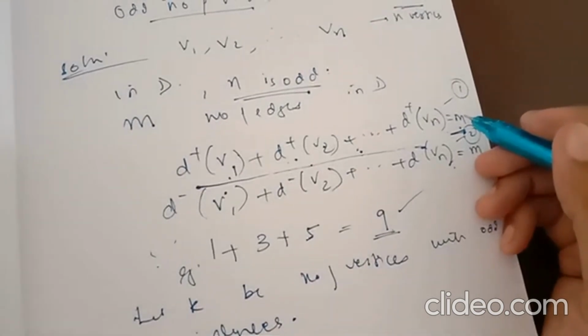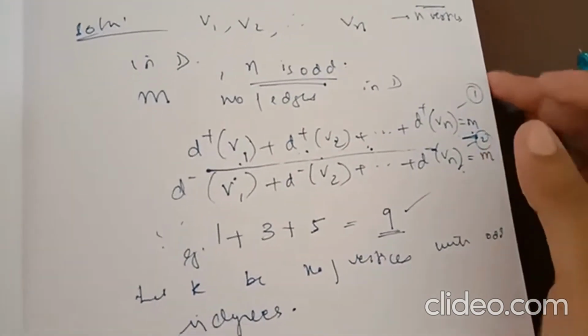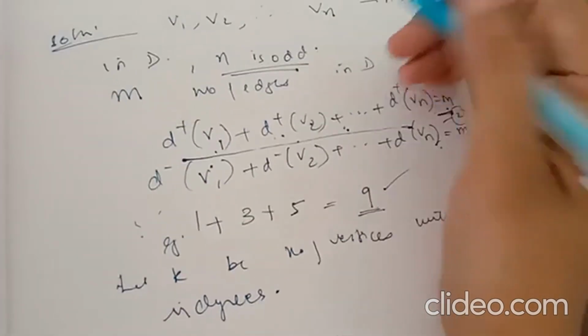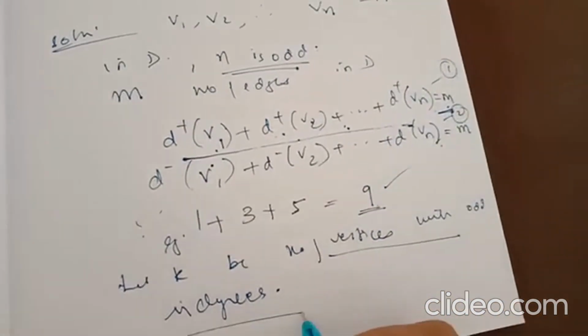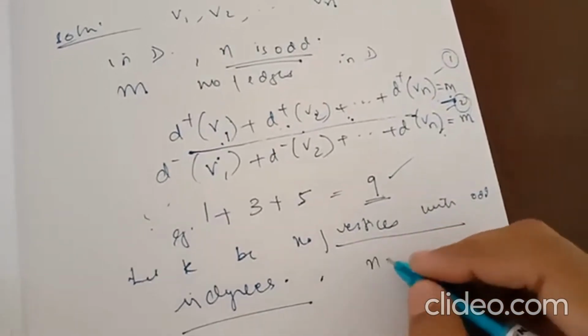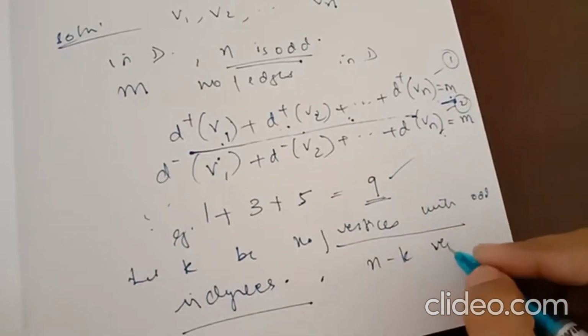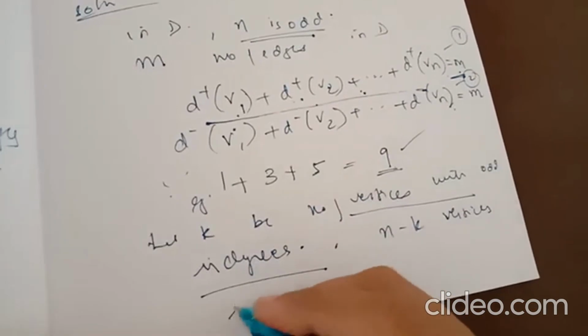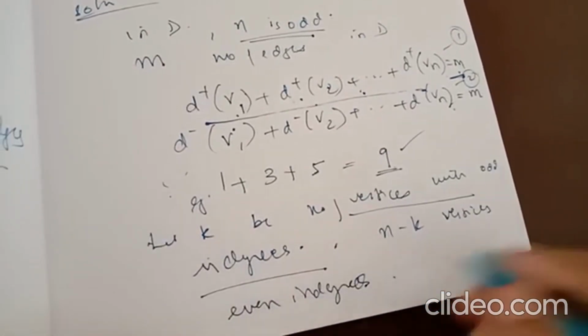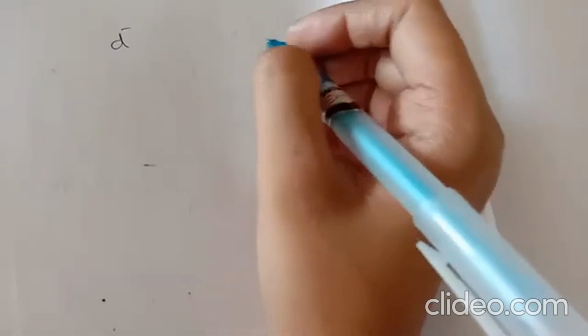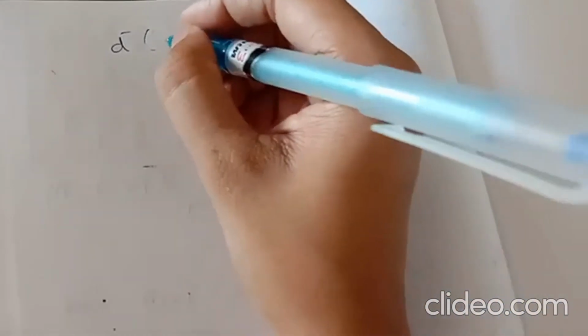So what we will prove further is, we are taking that there are odd in degrees. So let k be the number of vertices with odd in degrees. So out of n vertices, the remaining n minus k vertices will have even in degrees, right? We can represent the in degree by d minus of vi.